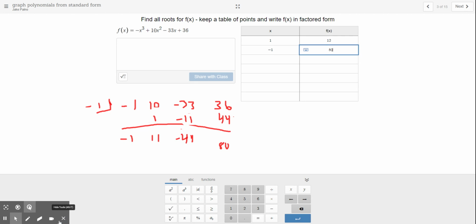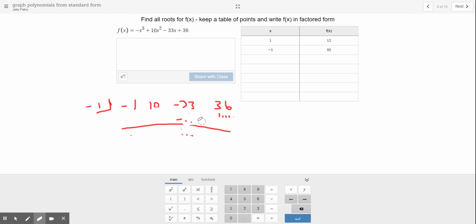Then we'll try 2. Negative 2, 8, 16, negative 17, negative 34. That's not zero, so 2 doesn't work.